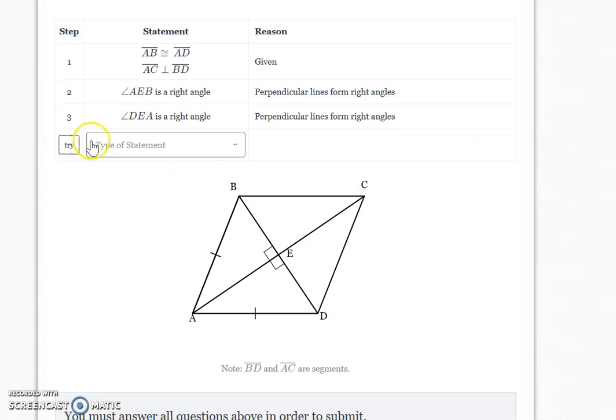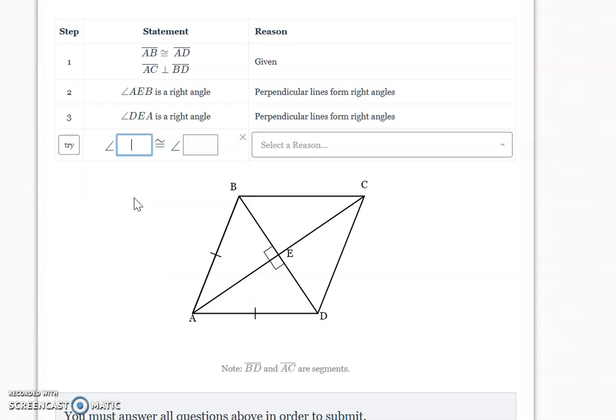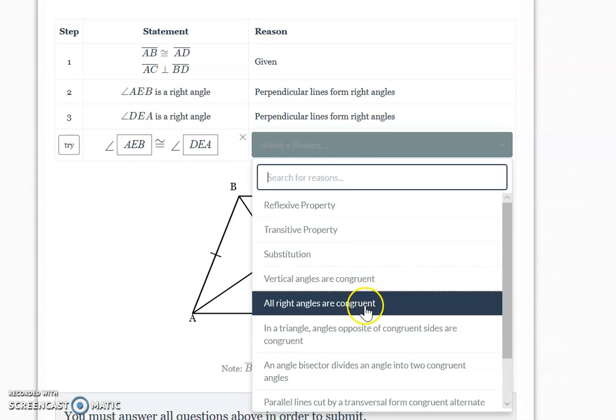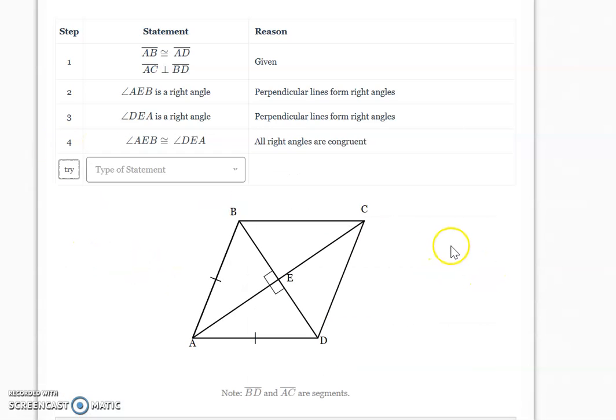All right, so now we can say that AEB is congruent to DEA because all right angles are congruent. All right, so now we have that in there.